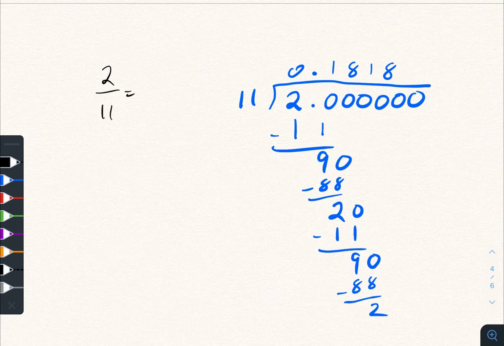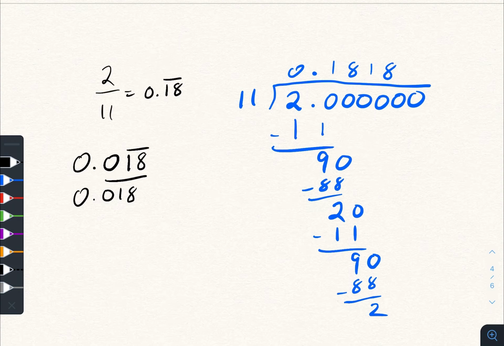And so we would write this as 0.18 with the bar over it. And the bar represents the fact that that part of the decimal is repeating. So this is a different number from something like this. And it's also a different number from something like this.